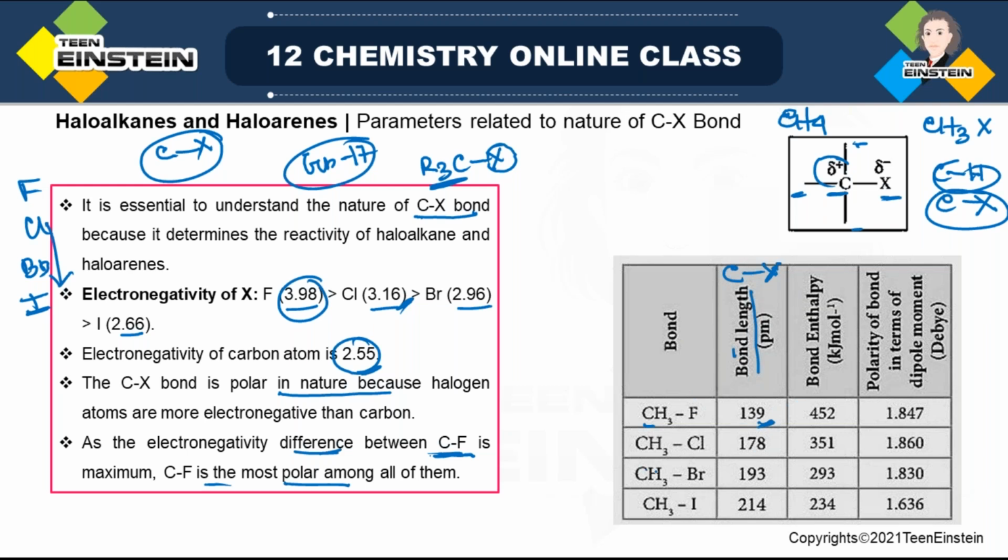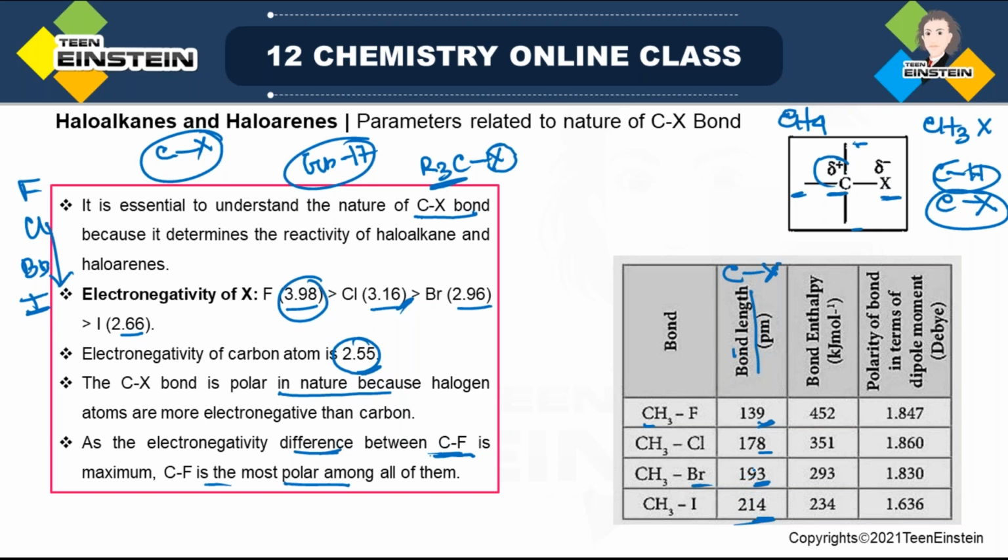Both fluorine and carbon are from the same period. Then when you switch to C-Cl, now the gap between C and Cl is increasing because chlorine is from the third period and carbon from the second. Then bromine from the fourth period, gradually this is increasing and this is very high, maximum. So these are the bond length values in picometer.